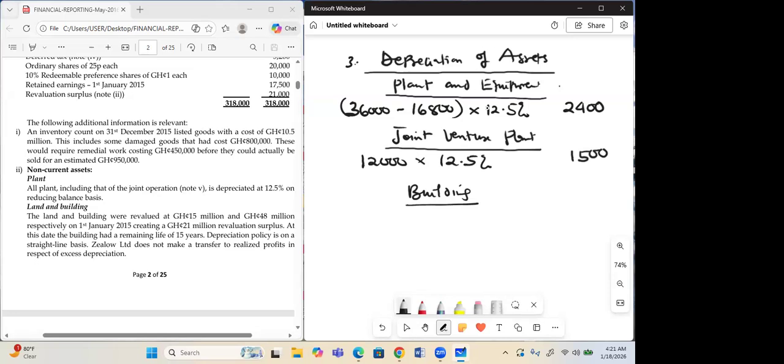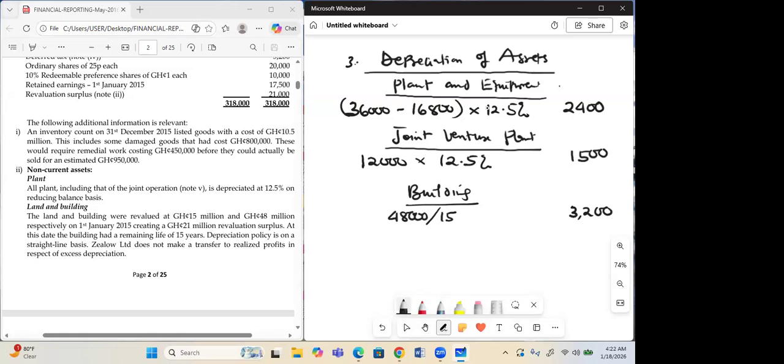The land was 15 million, the building was 48 million. So the charge for building will be 48,000 divided by the useful life of 15. Calculate that. What is that giving you? I'm getting 3,200. That's it.